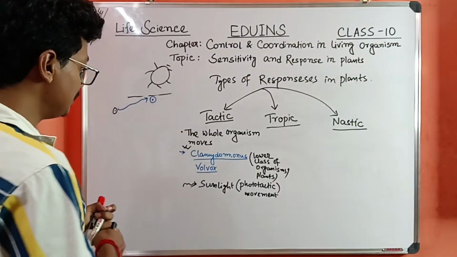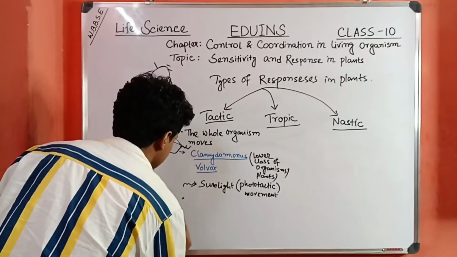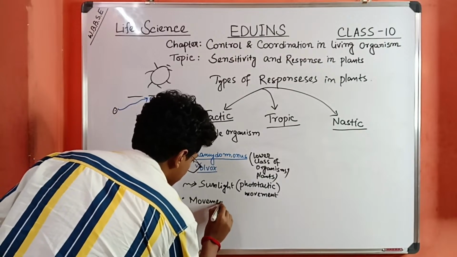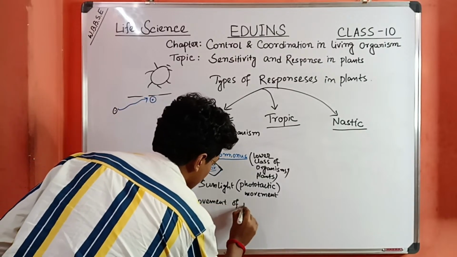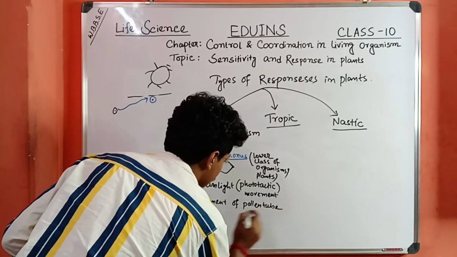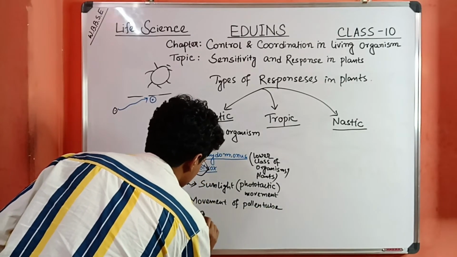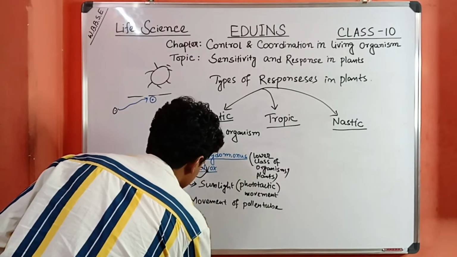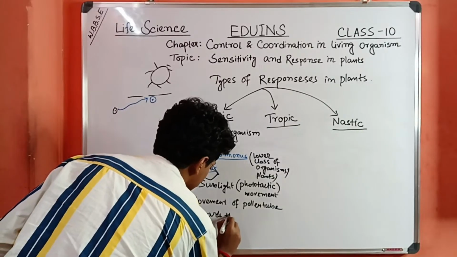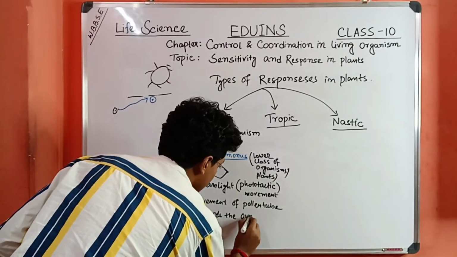Another example is the movement of the pollen tube towards the ovule.